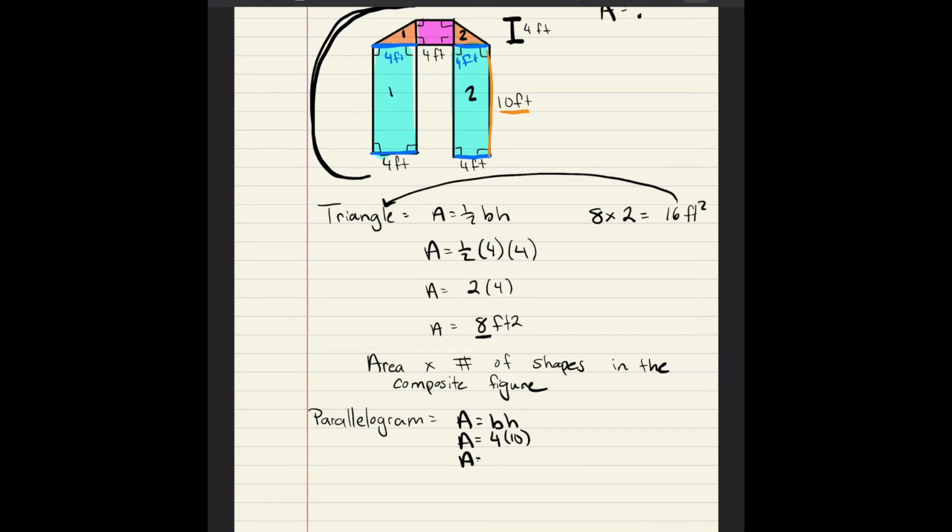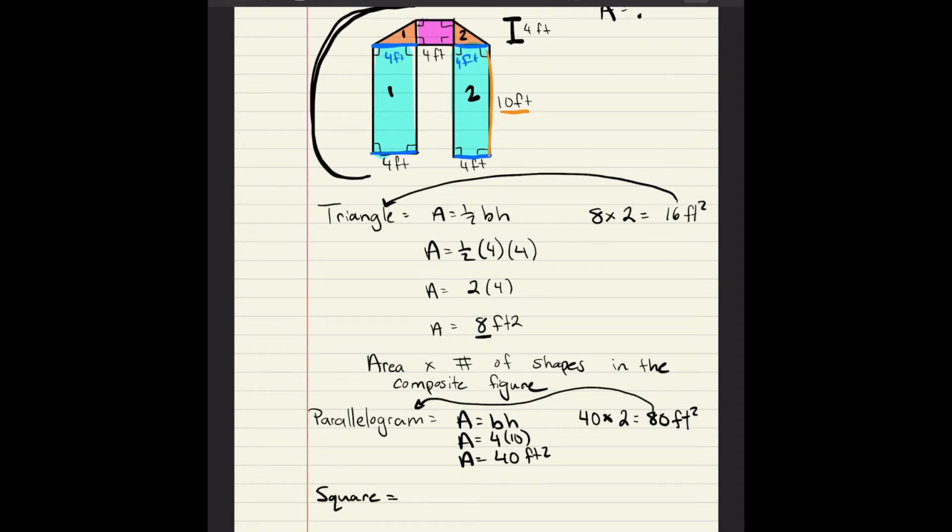So the area equals 40 feet squared. Now that is for one parallelogram, and I have 2 parallelograms. So I need to multiply 40 by the number of shapes. So the number of shapes is 2. When I do that, I get 80 feet squared. So that's the area for all the parallelograms in my composite figure.